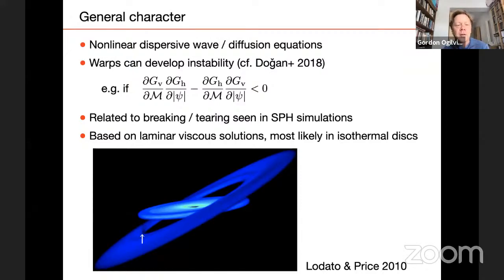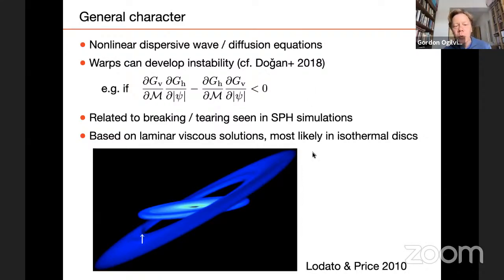And it has been found that these evolutionary equations can predict instability, sort of diffusive instability, if, for example, the diffusion coefficient for the warp is a decreasing function of the amplitude of the warp. You can get diffusive instabilities in this type of nonlinear diffusion equation. And that is thought to be related to the onset of the breaking of these warped disks beyond a critical amplitude, and something that deserves further investigation.